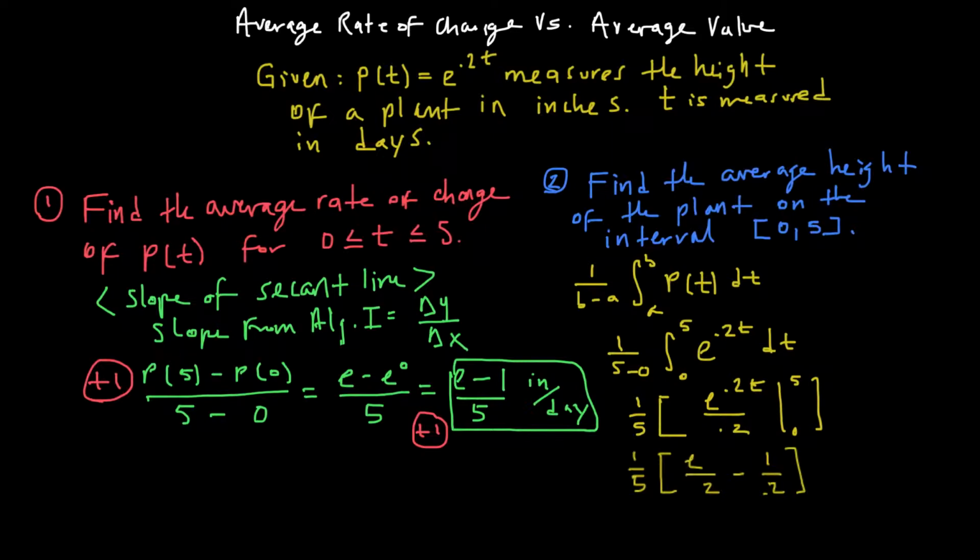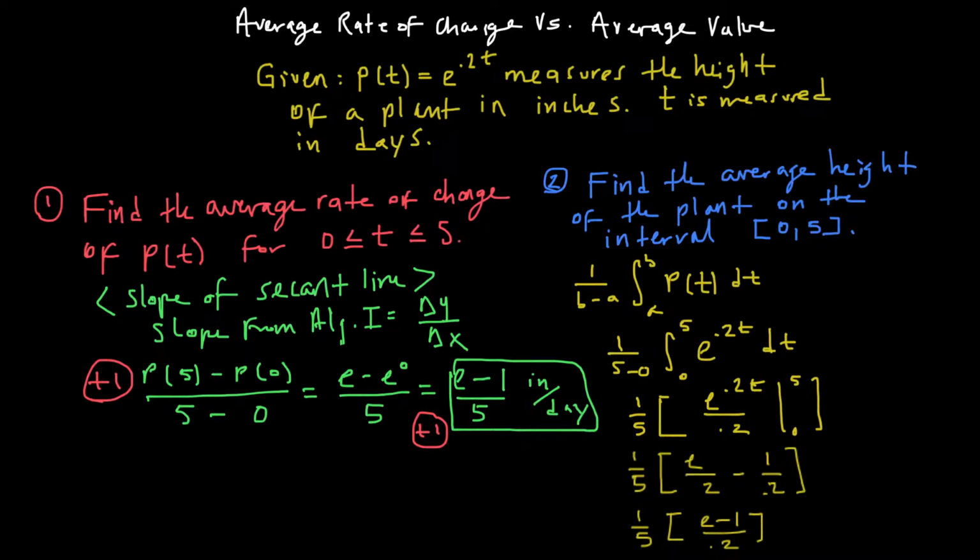And because we have the same denominator, then we can say that this is 1/5 times e minus 1 divided by 0.2.